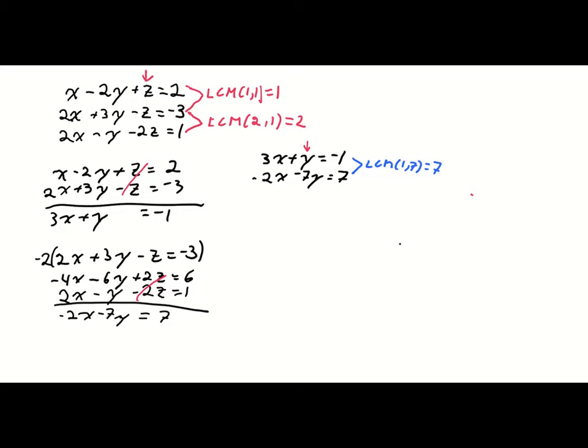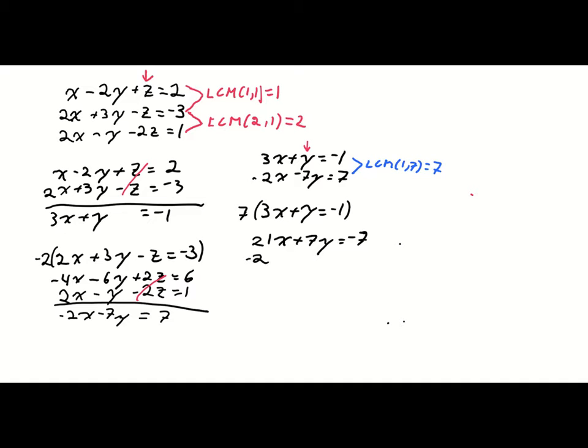Bottom one is already negative 7, so we want to make the top one positive 7. And we multiply that equation by 7. Giving us 21x plus 7y equals negative 7.